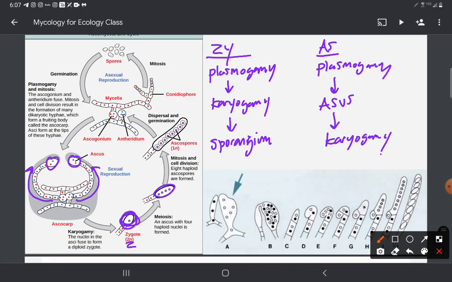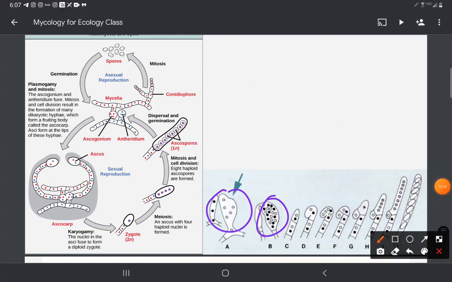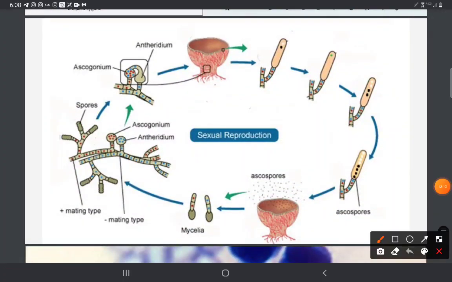I guess it went through mitosis or something. Either way, it goes through meiosis now, and that's going to create all of these, which are spores, and then those are dispersed, and the cycle continues. So the only real difference here is when they did karyogamy, and also how they combine their nuclei with this strange structure. Either way, this is sort of the cycle.